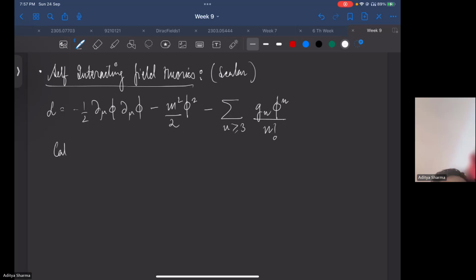So now, question: calculate the dimensions of G1, G2, G3, and G4 in D dimensions.